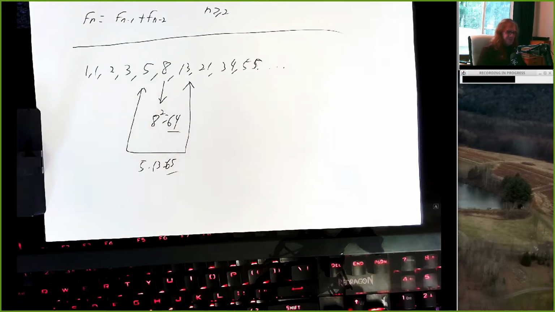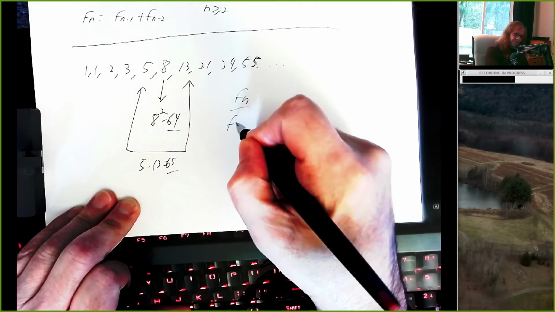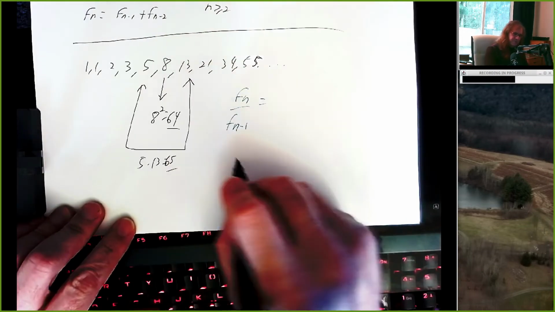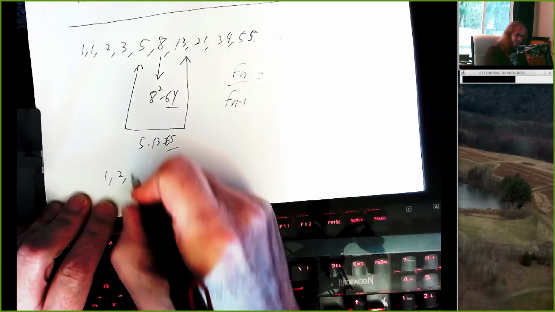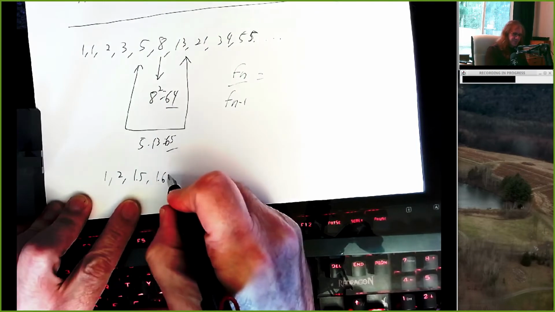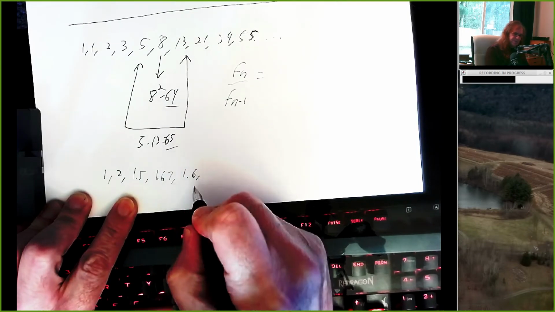The other thing is, if you take consecutive Fibonacci numbers and look at their ratio, well, 1 over 1 is 1, 2 over 1 is 2, 3 over 2 is 1.5, 5 over 3 is 1.67, 8 over 5 is 1.6, I think.